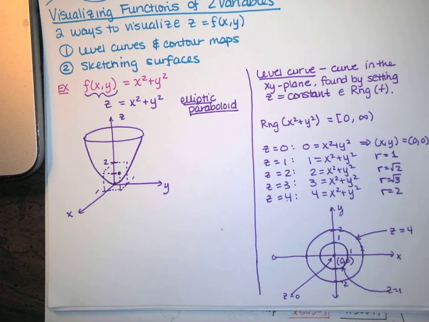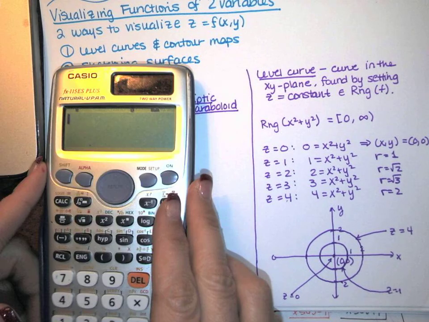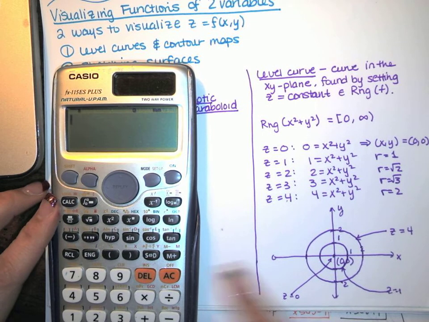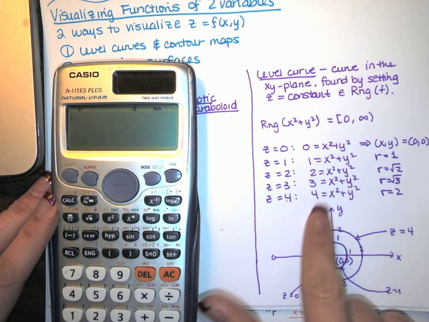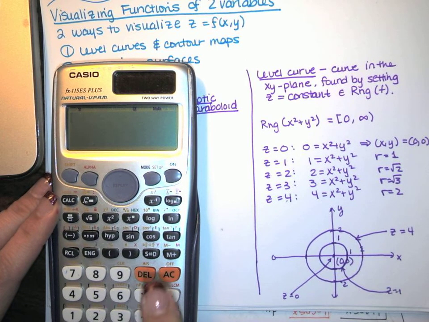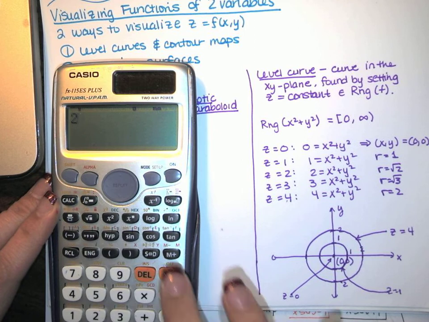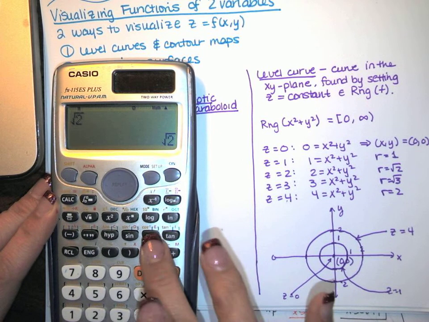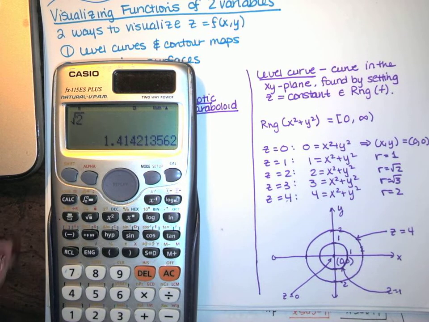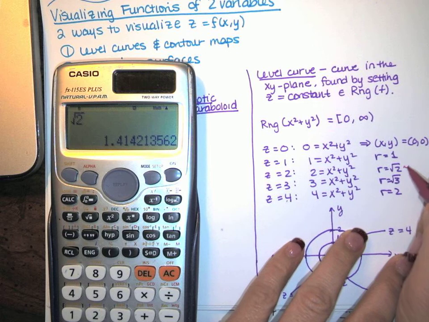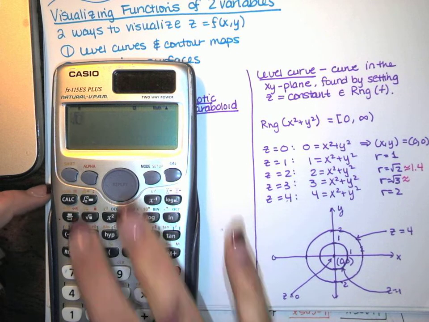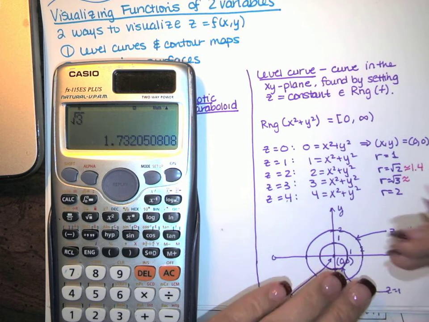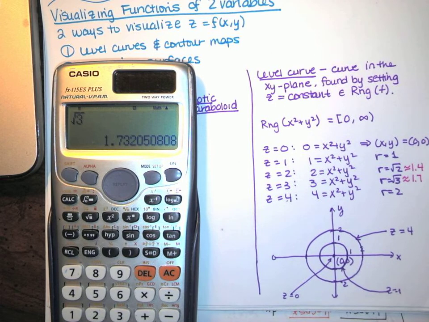Now square root of 2 and square root of 3, and I forgot to mention all of these are circles centered at the origin. I think you knew that, but just in case you didn't. These are centered at the origin, and r squared is this number, so r is the square root of that number. Square root of 2 is approximately 1.4, and square root of 3 is approximately 1.7.